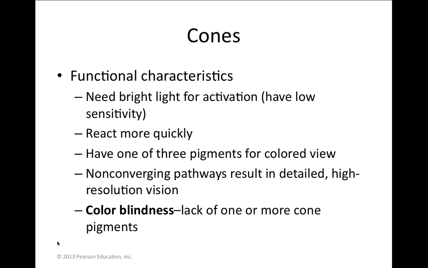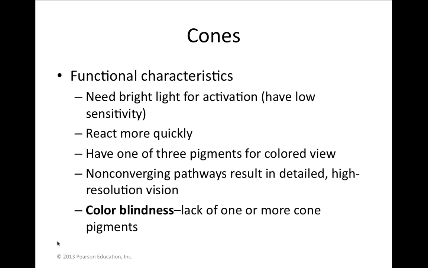The cones are going to need bright light for activation. So in low light, you aren't going to be able to see in color. You need bright lights around in order to activate the cones to get that high intensity image. They do react more quickly, so they adapt early and often.